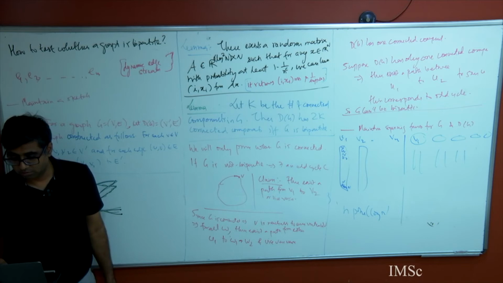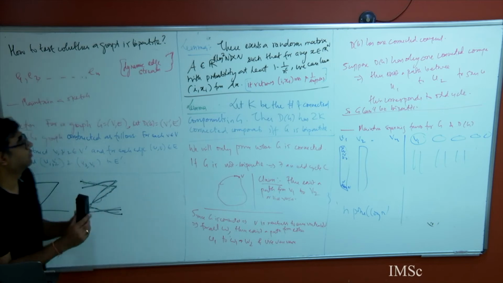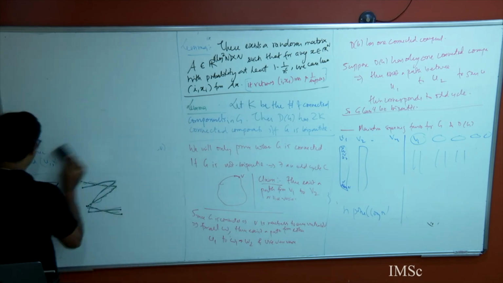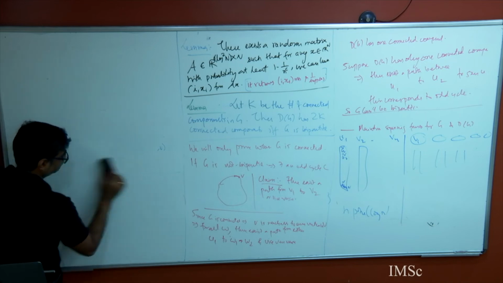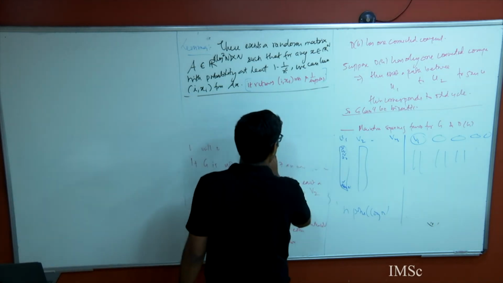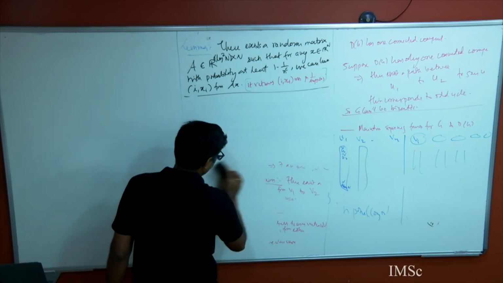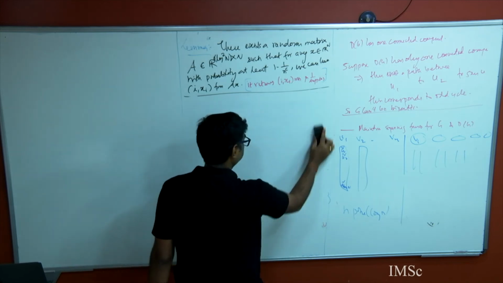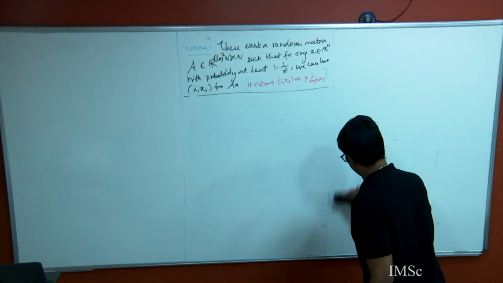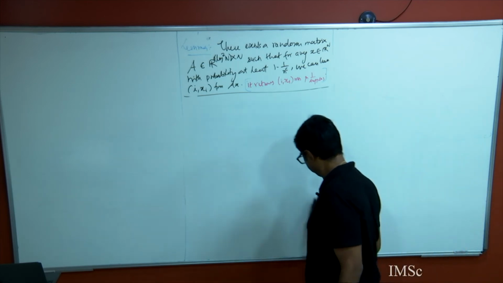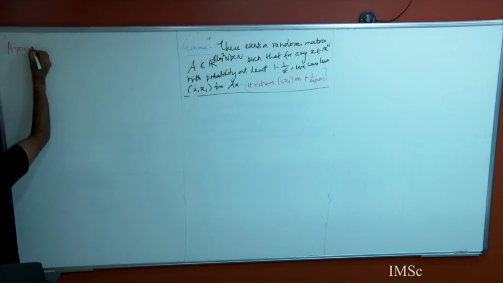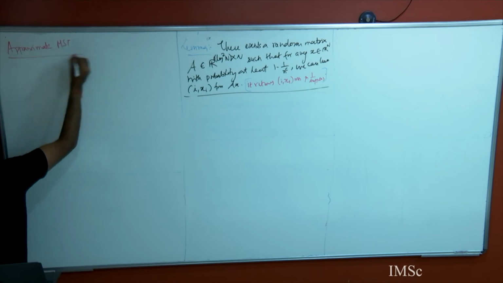Now, if I want to do, for example, approximate minimum spanning tree, what are we given?